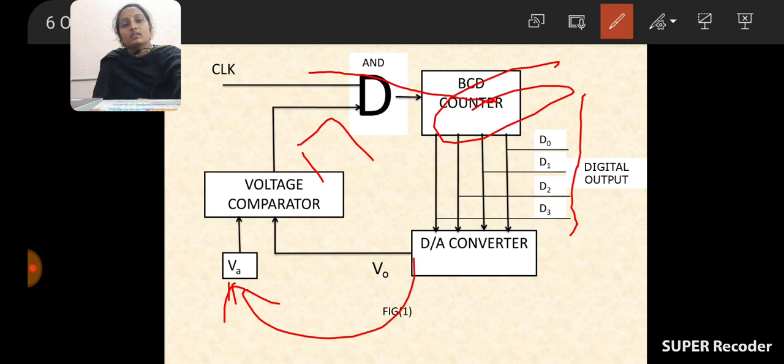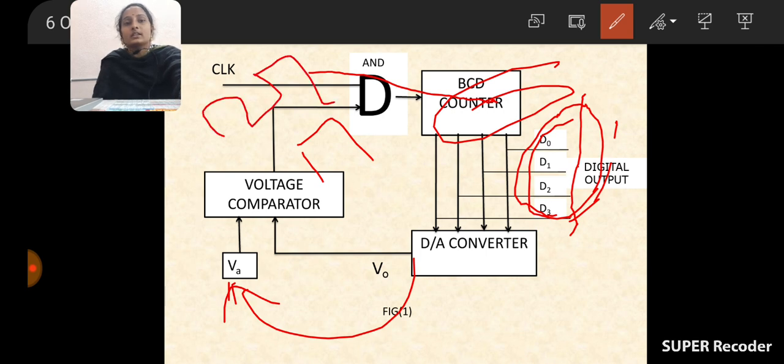Now the counter starts counting the clock pulses and gives the equivalent value in binary form. If it counts the first clock pulse, it will give the value 0, 0, 0, 1. If it counts 2 clock pulses, it will give the value 0, 0, 1, 0.